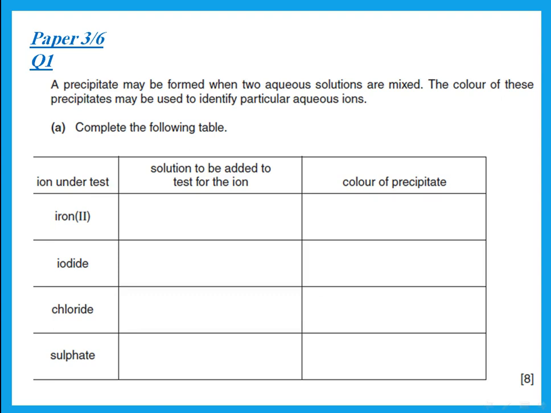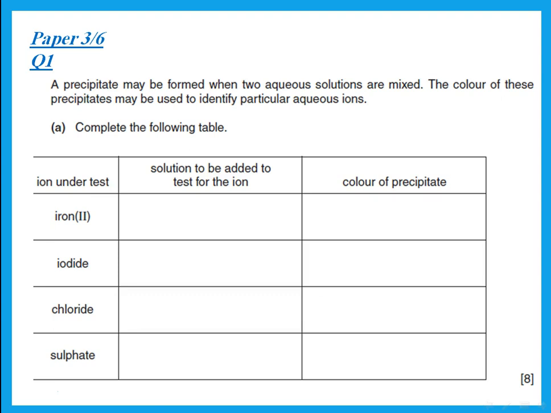Okay. Then this next part of the questions are questions from either paper 3 or paper 6, or actually paper 4 if this is the O-level stage, because they all have the same syllabus. Now, a precipitate may be formed when 2 aqueous solutions are mixed. The color of these precipitates may be used to identify ions. So he's telling me what is the solution that I should add to test for each of these ions. He already tells me that it should give a precipitate.